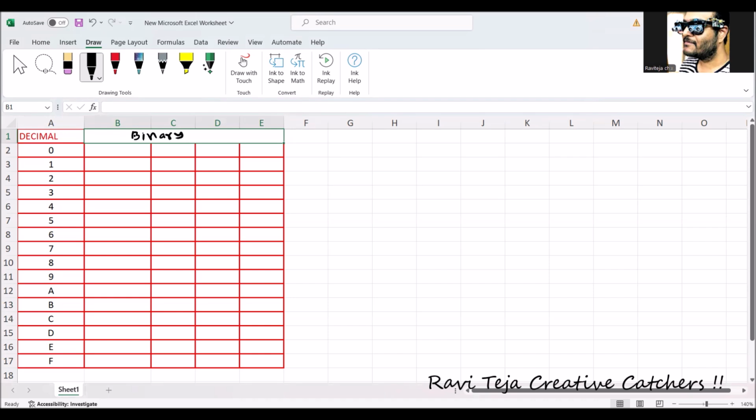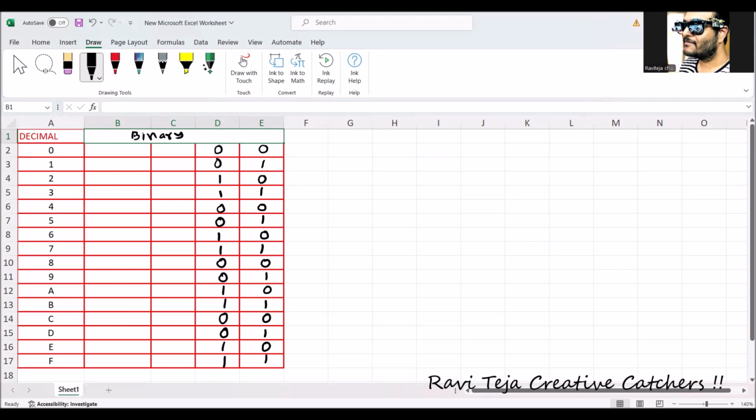So in the first row put 0, 1, followed by 0, 1, and so on, alternating. Again, in the second row, consider two zeros, two ones, two zeros, two ones, and so on.